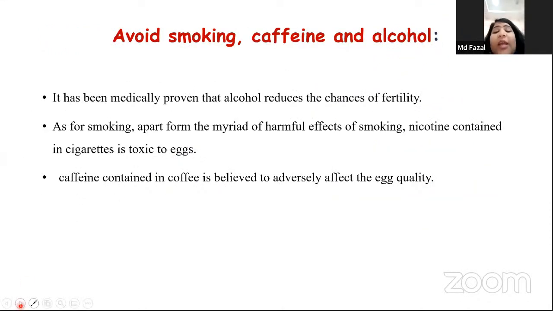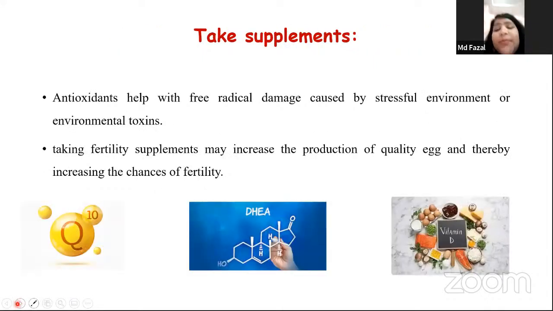Smoking, caffeine, and alcohol are a big no, because these will decrease the egg quality. Next. Keep taking supplements like antioxidants, but don't take them too much, because taking antioxidants for more than 6 months is not recommended.